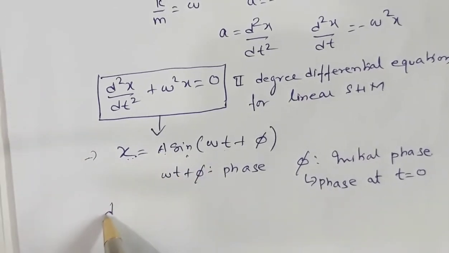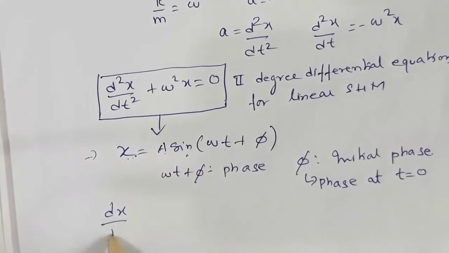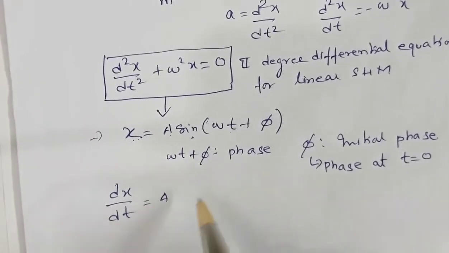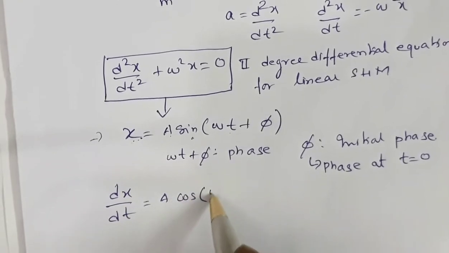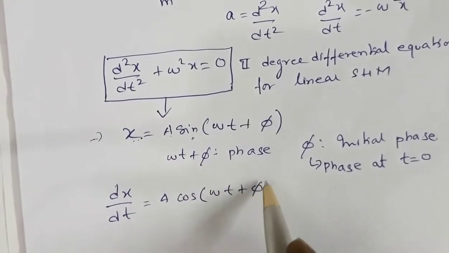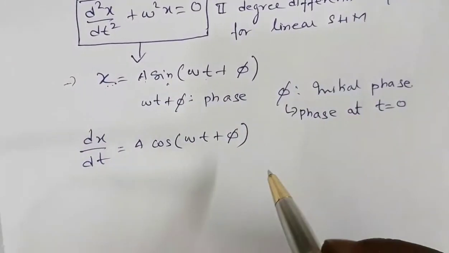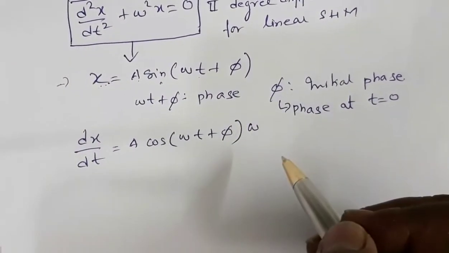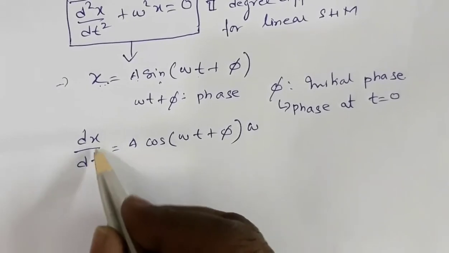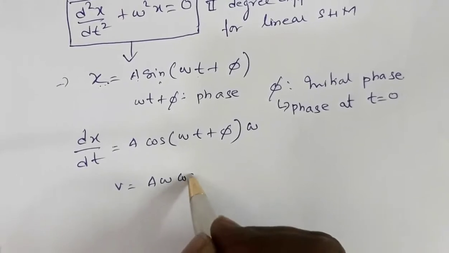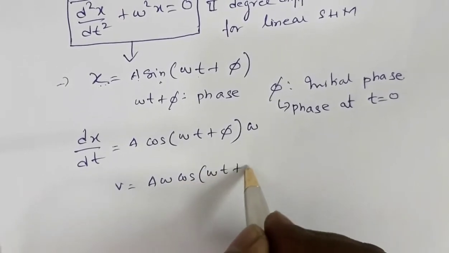Now if I differentiate this with respect to time, dx by dt, I will have a cos(omega t plus phi) into omega. Now dx by dt is v, so v is equal to a omega cos(omega t plus phi).